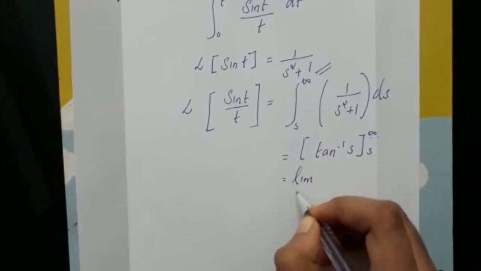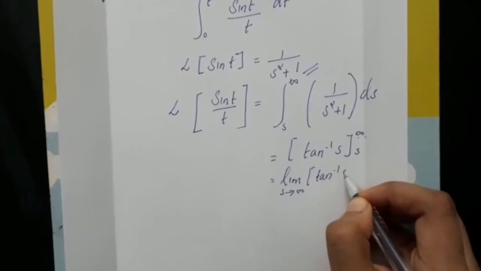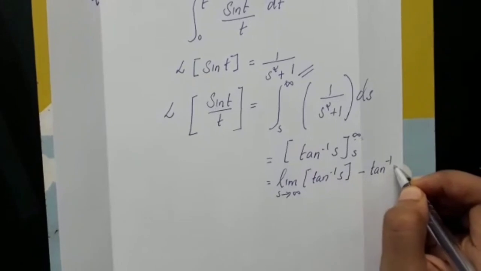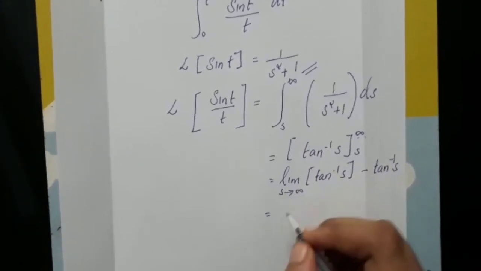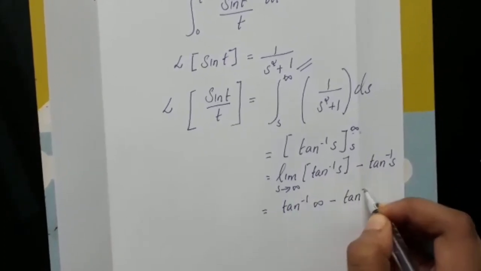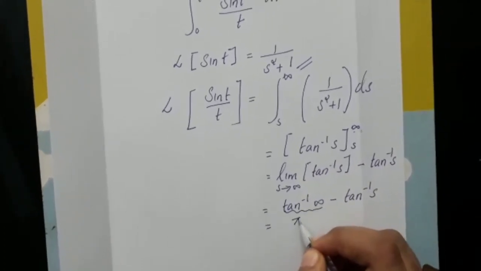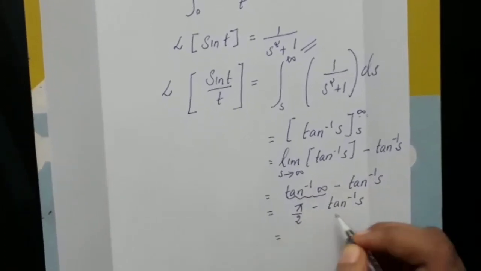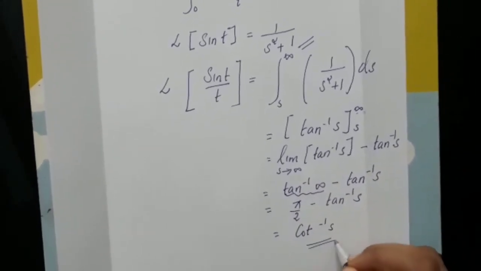So limit s tends to infinity, tan inverse s, then apply the limits here, that is tan inverse infinity minus tan inverse s. Tan inverse infinity is pi by 2, so pi by 2 minus tan inverse s. Pi by 2 minus tan inverse s is actually cot inverse s. So our answer is cot inverse s.